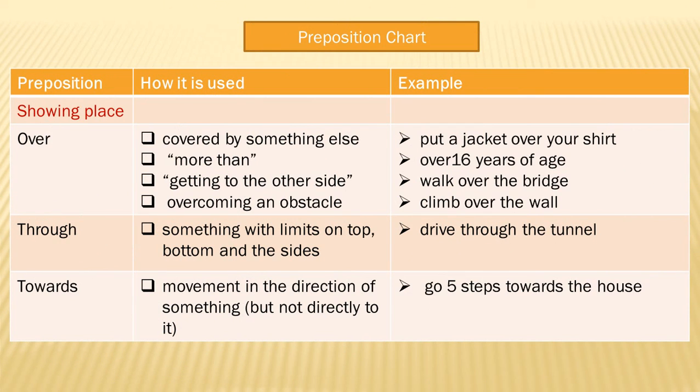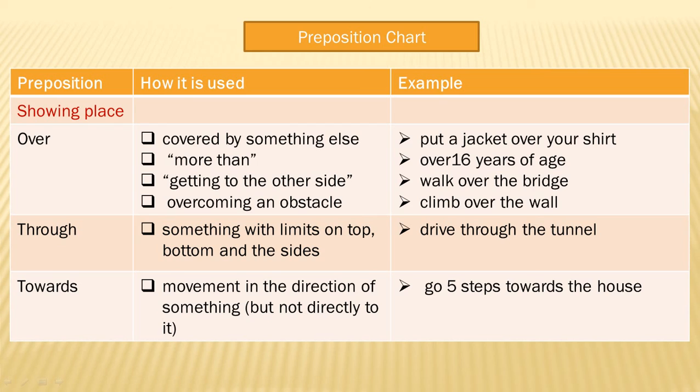Preposition showing place, over. Over means covered by something else, or more than, or getting to the other side, or overcoming an obstacle. There are 4 meanings of over. Put a jacket over your shirt, covered by something else. More than: over 16 years of age. Getting to the other side means walk over the bridge. Overcoming an obstacle means climb over the wall.